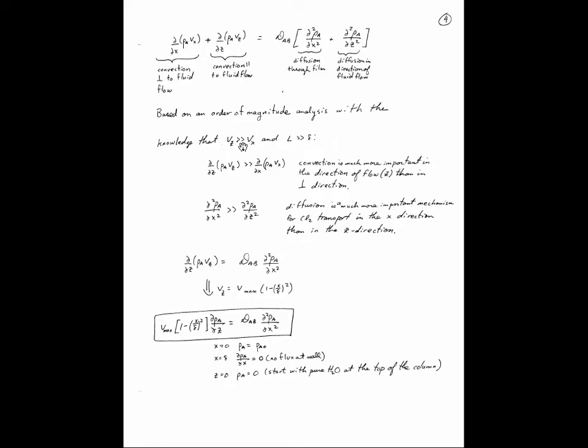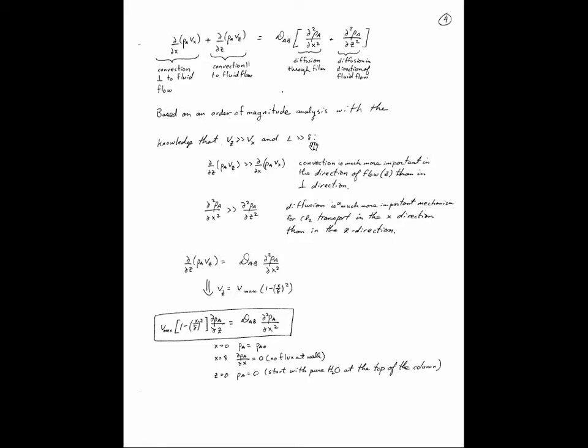We can make an order of magnitude analysis with the knowledge that the velocity in the z direction, that is in the direction of fluid flowing down the wall of the tube, is typically orders of magnitude greater than the average velocity of fluid flowing through the film, that is chlorine flowing through the film into the water. And also that the length of this film is much greater than its thickness.